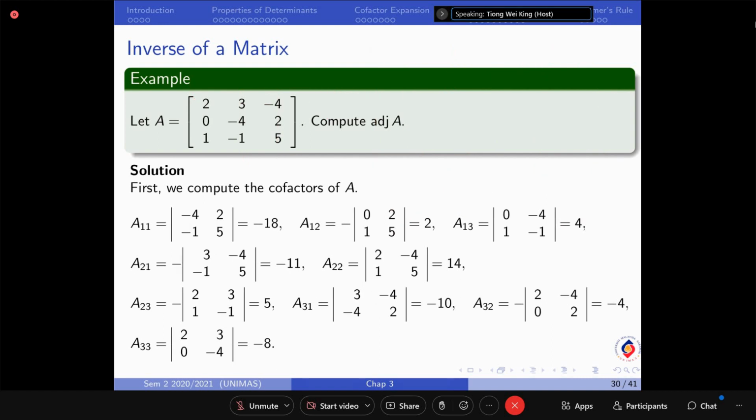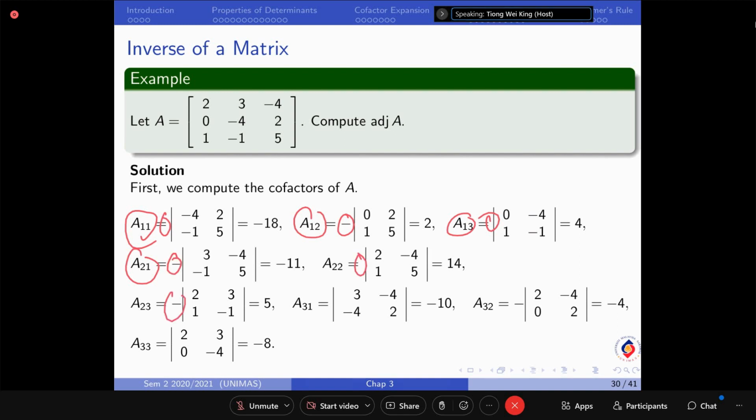Another example for finding adjoint is again the same thing. You calculate each one of them separately, but you need to be careful with the plus, minus, plus, minus, plus, minus here.